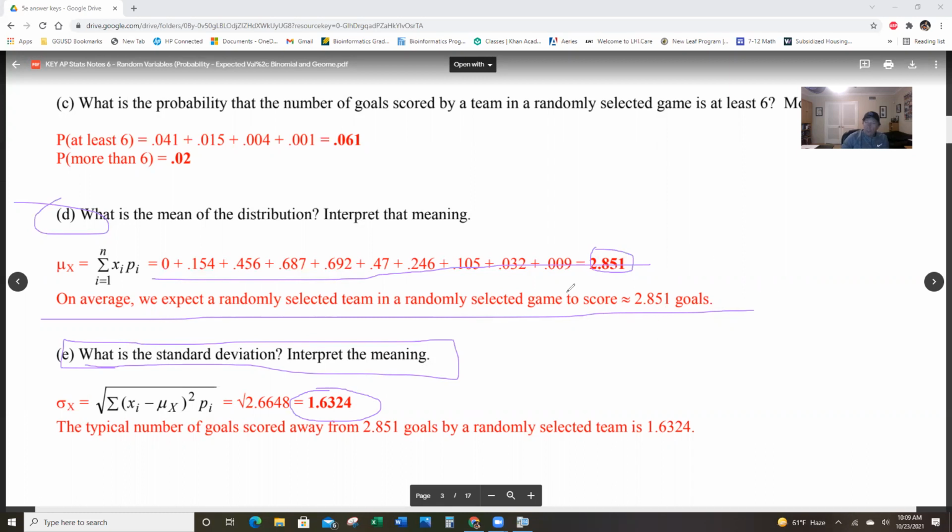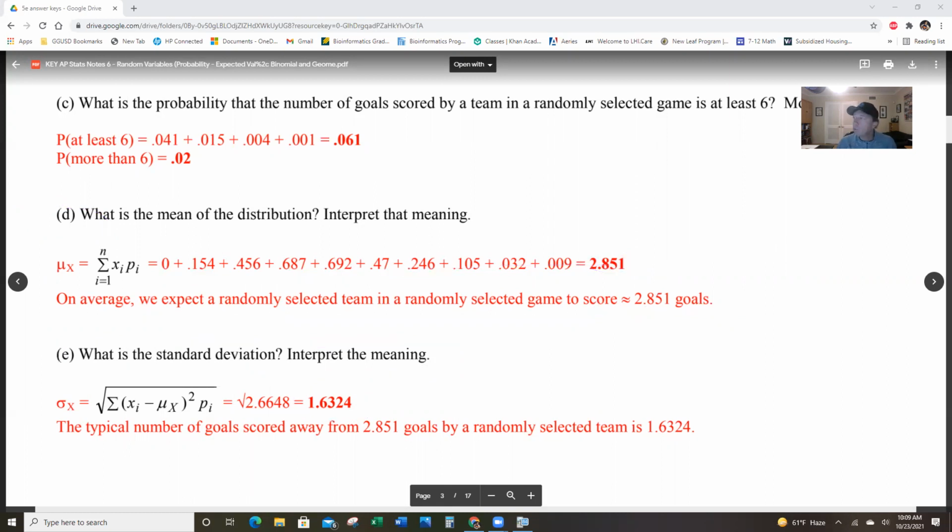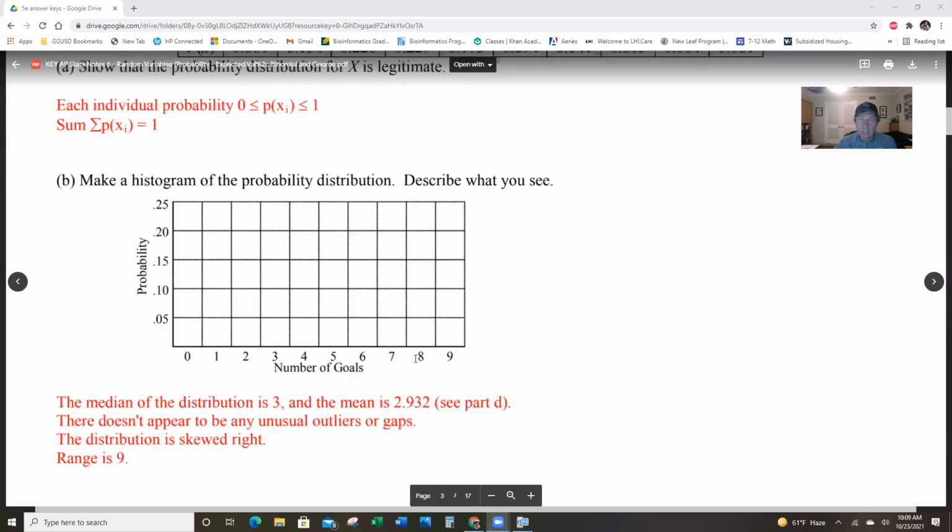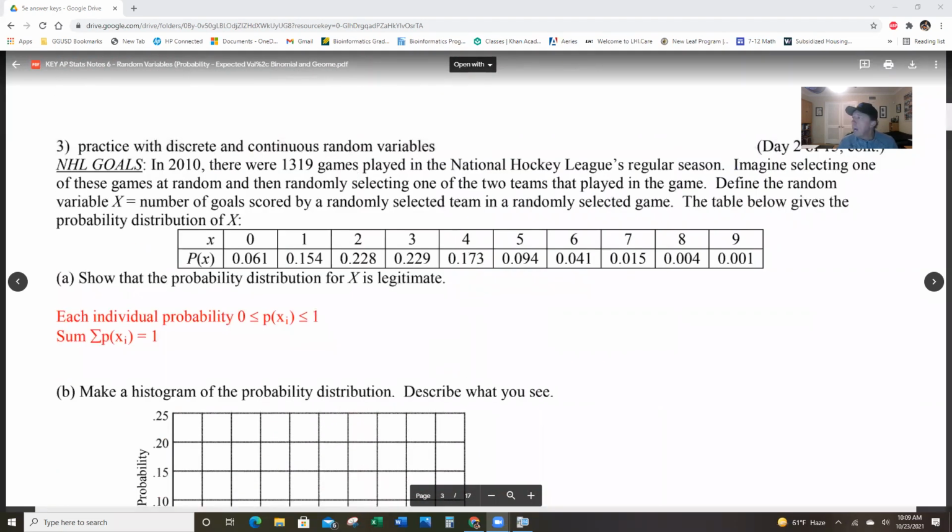So I'm gonna write it out, and you can write the whole thing out. It's very, very long. But again, most of the time, you're gonna be given just 3 or 4 items in a set, so it won't be that much. So the mean is 2.851. So let me slide back up here and do, look, this is a massive problem here. So I'm going to do the standard deviation right here.